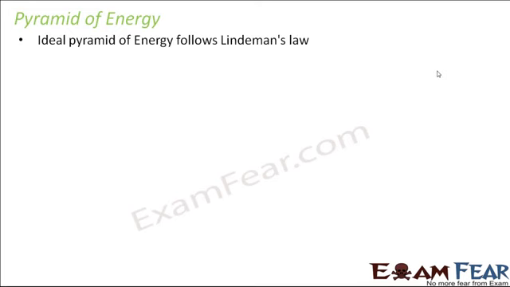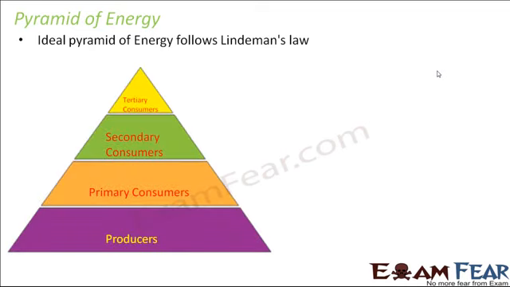So now the third pyramid, that is the pyramid of energy. Now about energy we have already discussed using Lindemann's 10% law that the energy decreases as we go higher to the trophic level. So if we talk about an ideal pyramid of energy, it should strictly follow Lindemann's law. And if it follows Lindemann's law, how would it be?